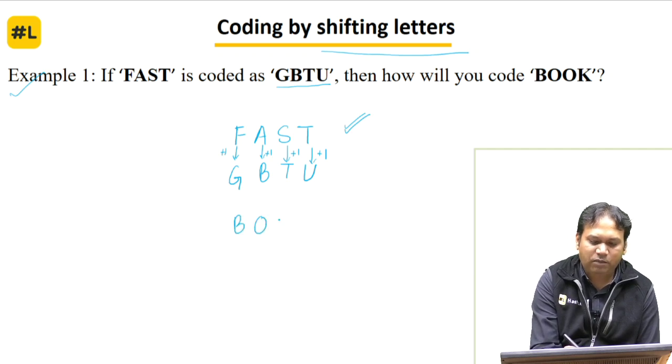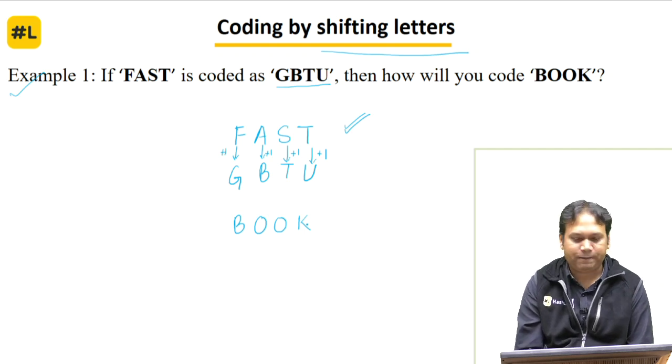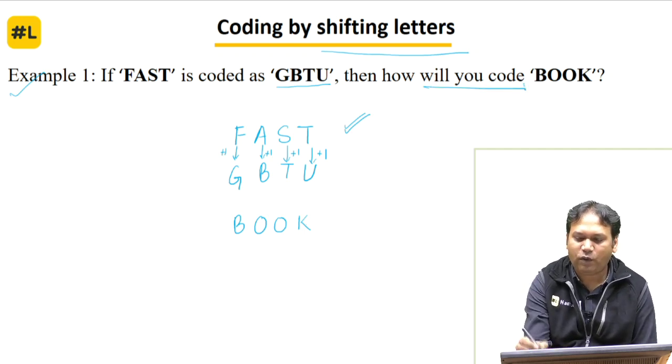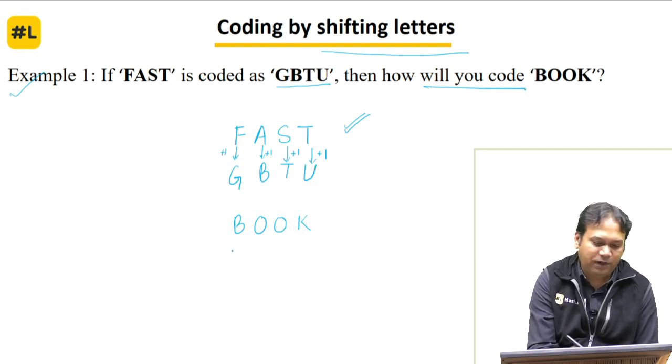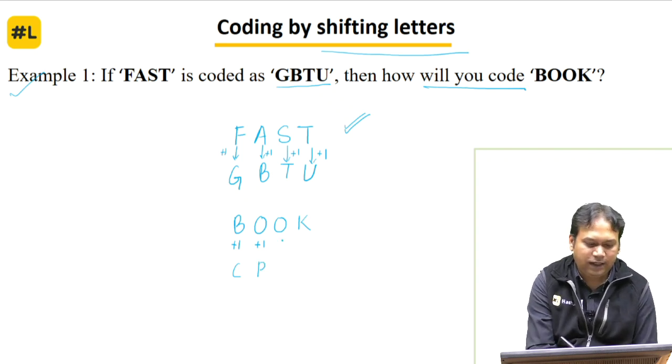So, if we take the word book and do the same thing with book, we are coding it. What will be the code? We are coding it. So, B plus 1 C, O plus 1 P, again next O, O plus 1 P and K plus 1 is L. So, what is the answer?